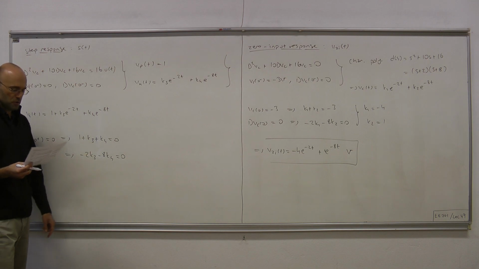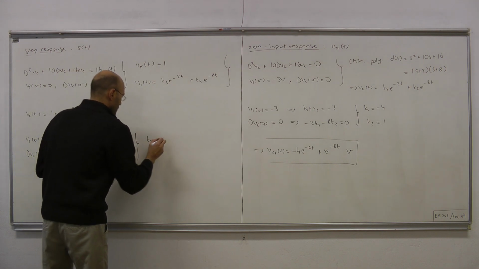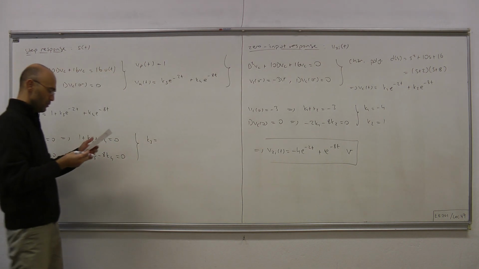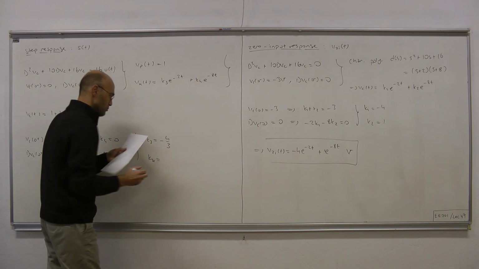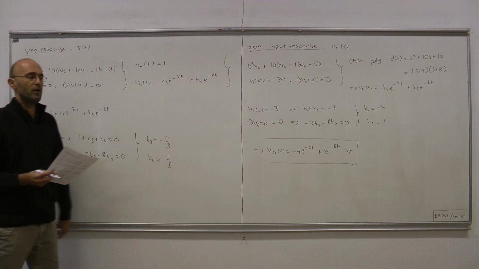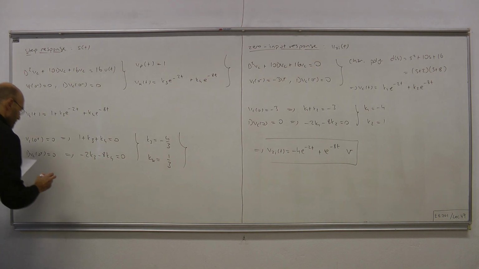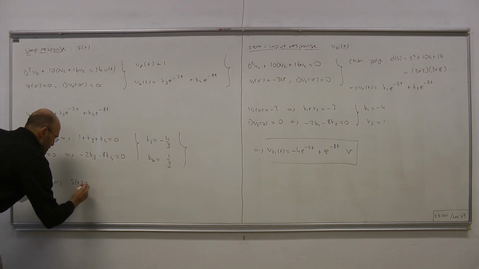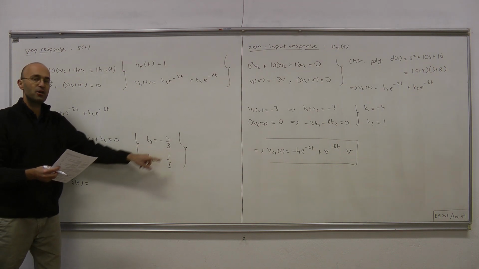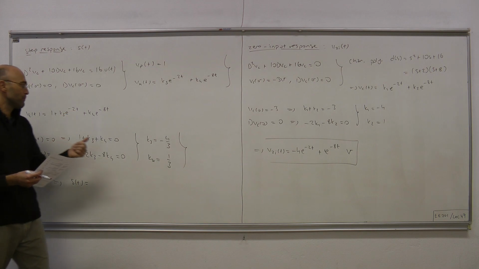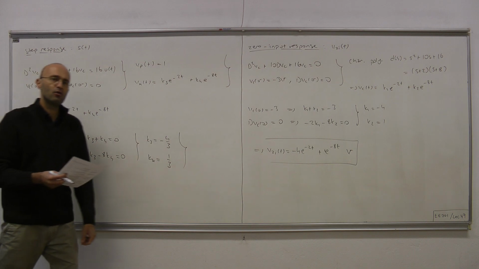Two equations, two unknowns, and we can figure out the coefficients K3 and K4. K3 turns out to be minus 4 over 3, and K4 turns out to be 1/3. And then we have our solution. Step response is 1 minus 4 over 3 e to the minus 2t plus 1/3 e to the minus 8t for t positive, and everything is 0 for t negative.